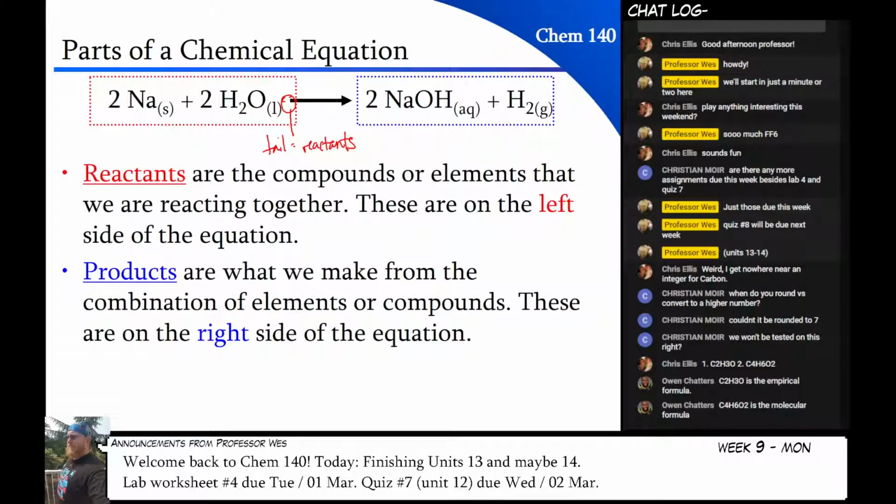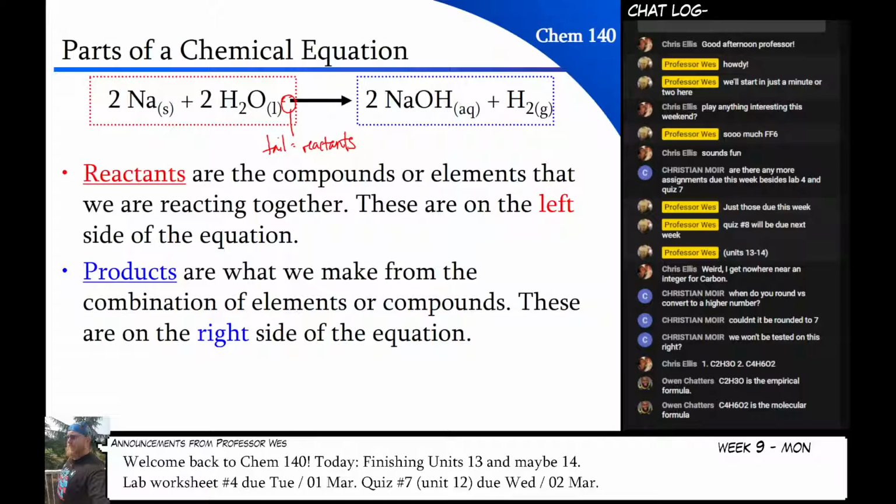However, in Chem 163, you will start to see reactions that go forward and reverse. So, I'm just trying to be specific for that, just in case you get to 163 and start seeing an equilibrium arrow and going, well, Wes said in 140 reactants are always on the left. Well, they're also always at the tail of the arrow.